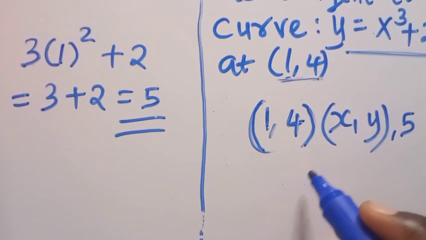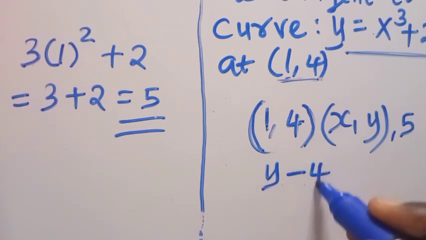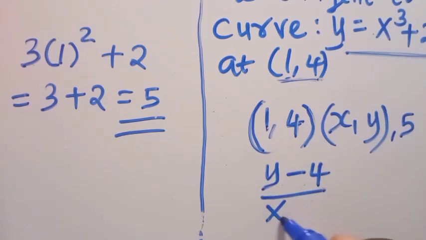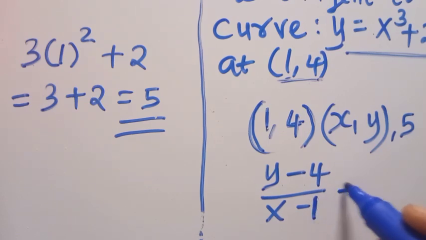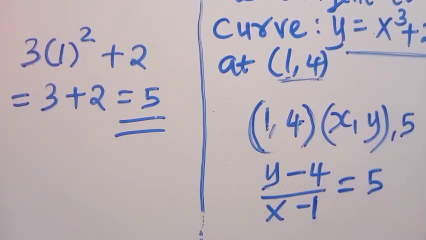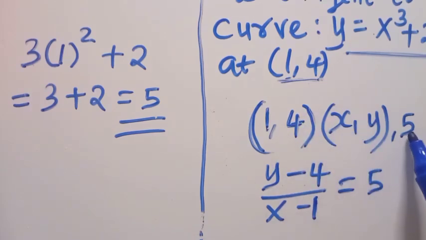Now, in this case, we have change in y over change in x equals 5. You find the gradient between (1, 4) and (x, y) and equate it with this 5.